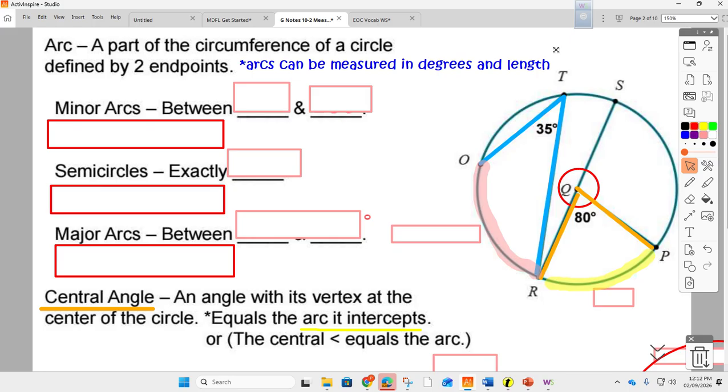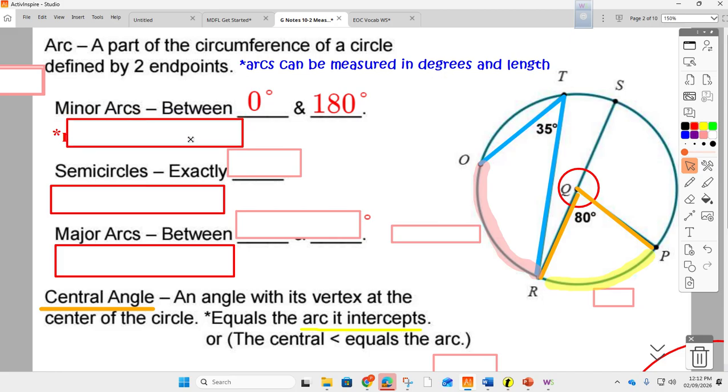We define some arcs differently than others. So a minor arc is between 0 degrees and 180 degrees. Also, it's named by 2 points.